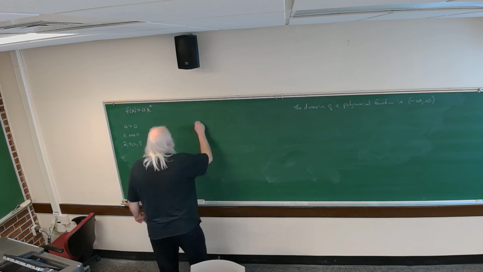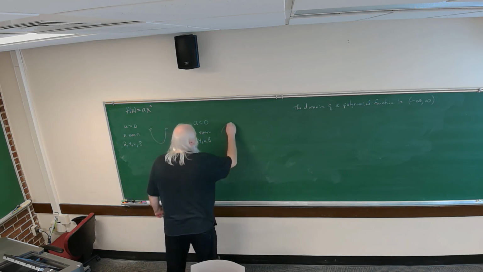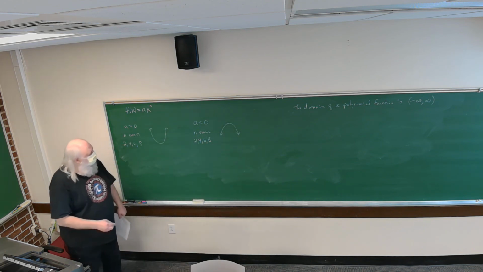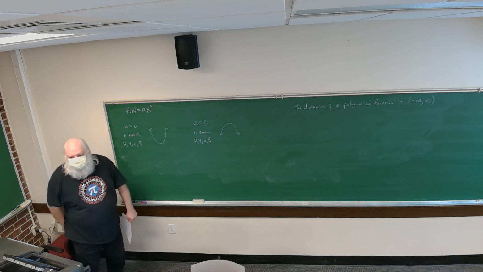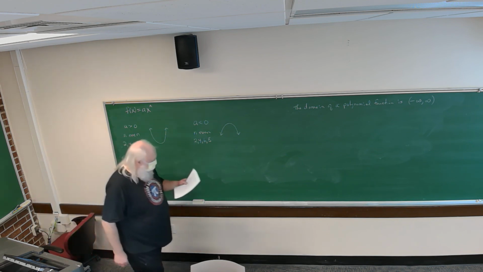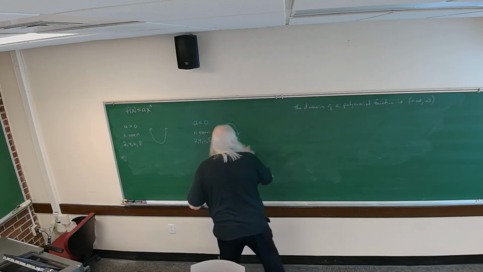If a is negative, less than 0, and n is even, then the graph of f of x equals a times x to the n is U-shaped, but it's an upside down U.